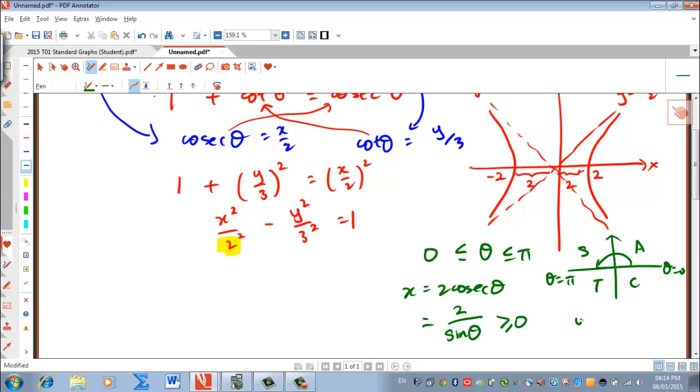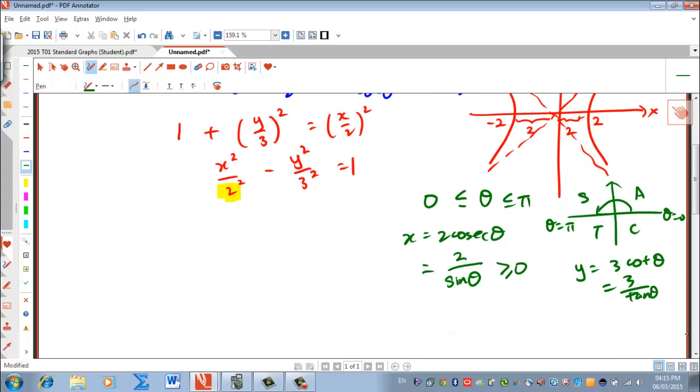Over here, 3 cotangent theta, so it's actually 3 over tangent theta. Now, we know that for the first quadrant, when theta is between 0 to pi over 2, tangent theta will be positive, so y will be positive, because the denominator here is positive and the numerator is positive.